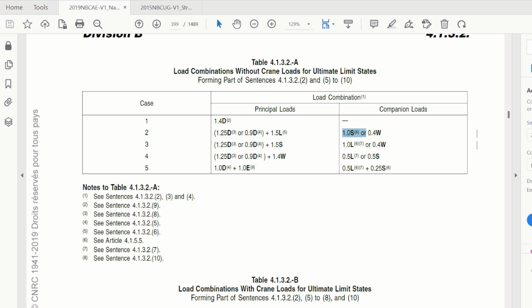So in this case, if this is a roof, then the 1.5 live plus 1.0 snow governs.